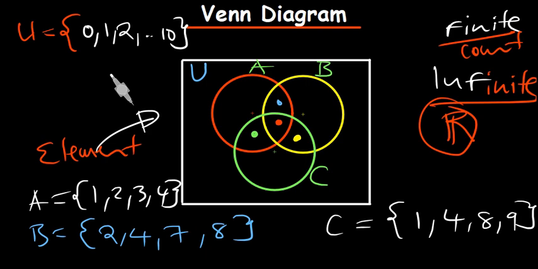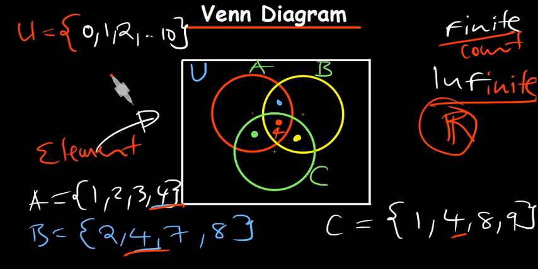What this would mean is, if you try to identify the common elements in all the three sets, we can see only 4 is common. 4 is common in all the three sets. So 4 would be the element there.